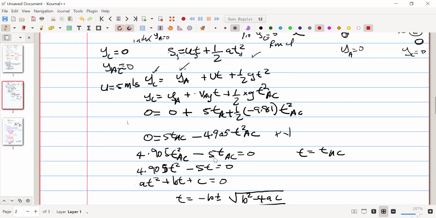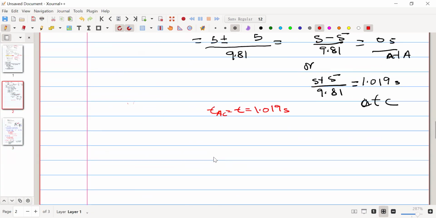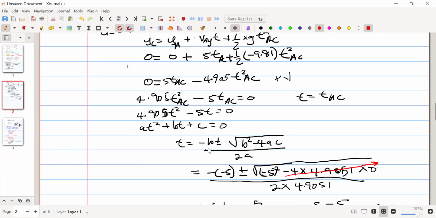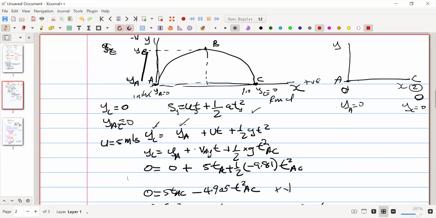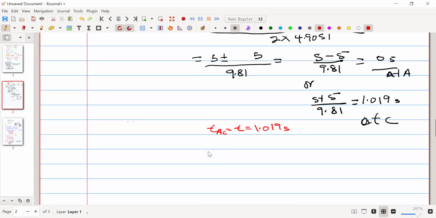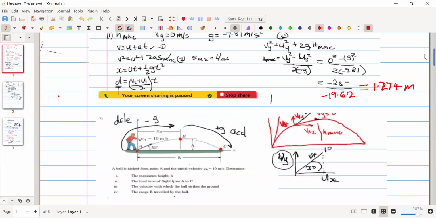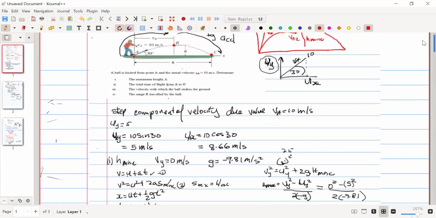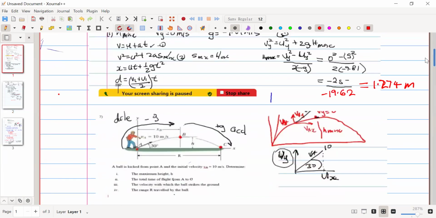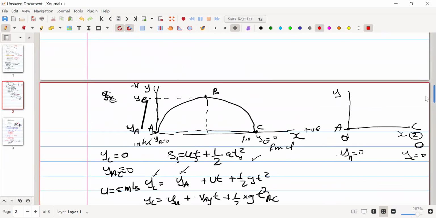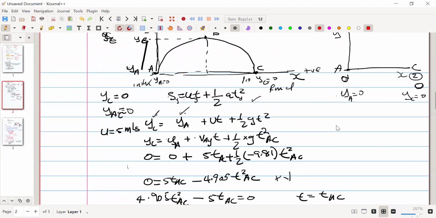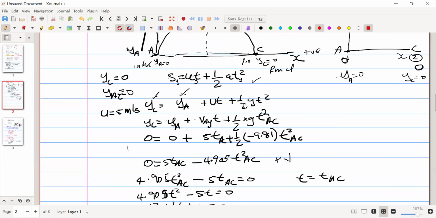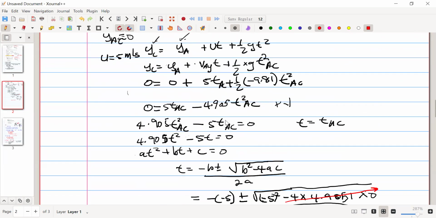Sir, you have to go back down to where you have your writing in blue, down the page.